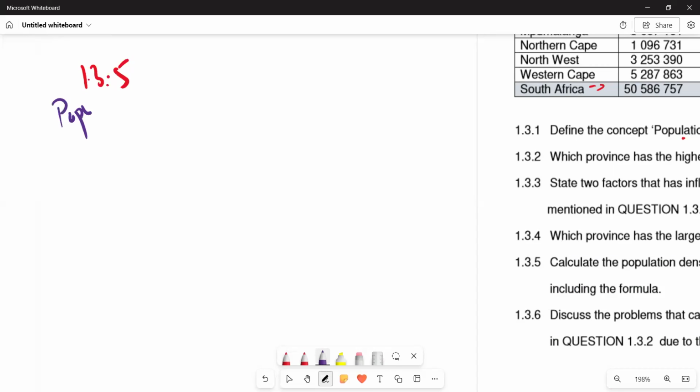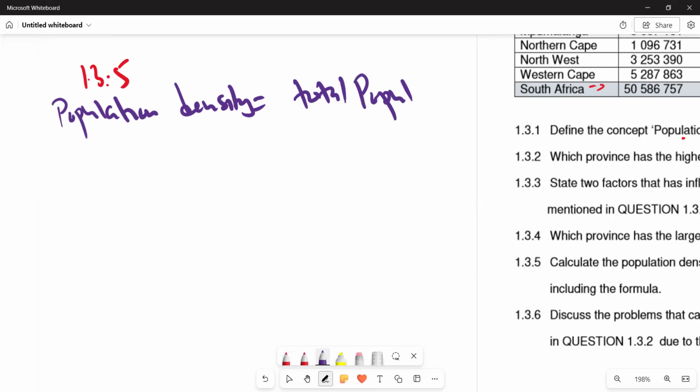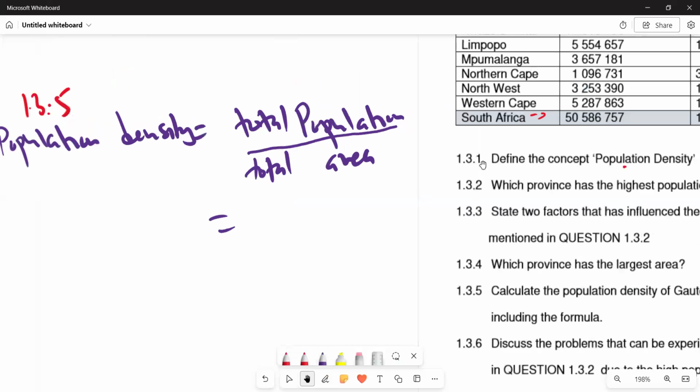Population density is equal to total population divided by total area. Then we go to our table and try to see what we have in terms of those two figures for Gauteng.